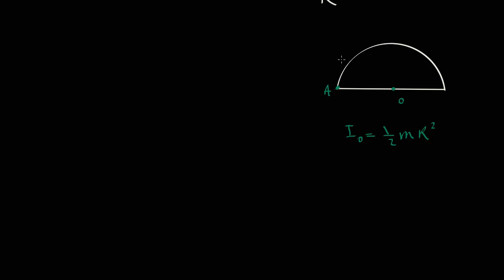And for a half a disk, we know that the center of mass is basically somewhere here. Because we have symmetry in the x direction at least, let's say we have a coordinate system here. Let me draw the coordinate system here. So let's say this is x and this is y.